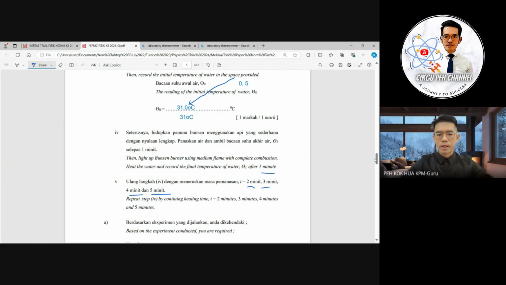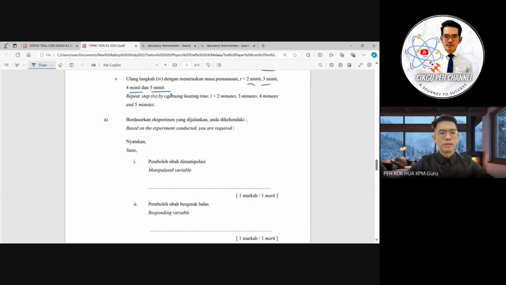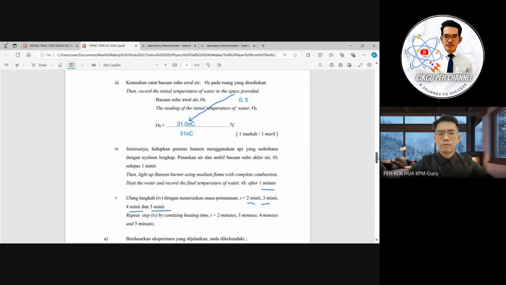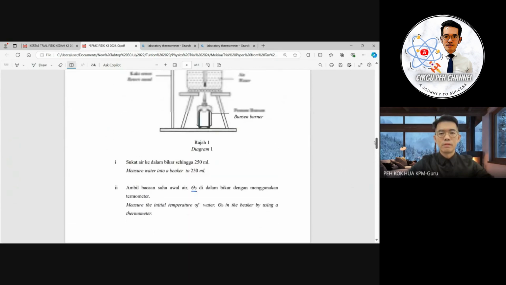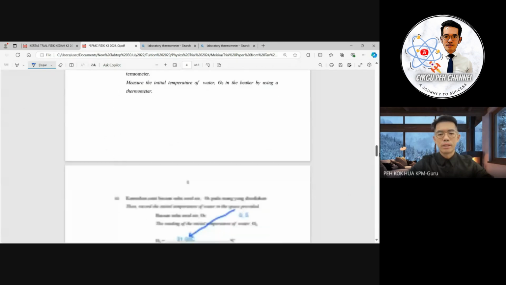Based on the experiment, the manipulated variable is the heating time, which is already given here. The temperature increase will be the responding variable we want to get.